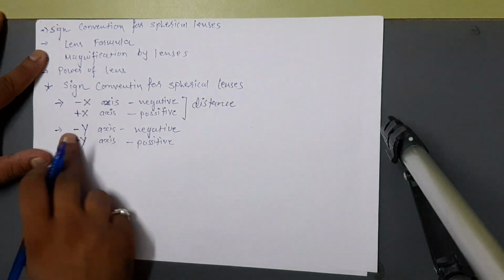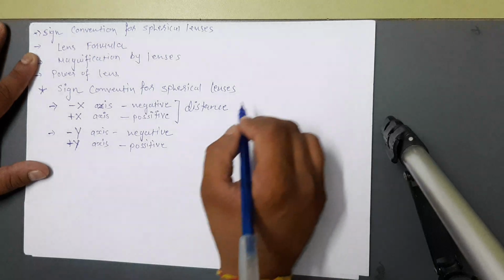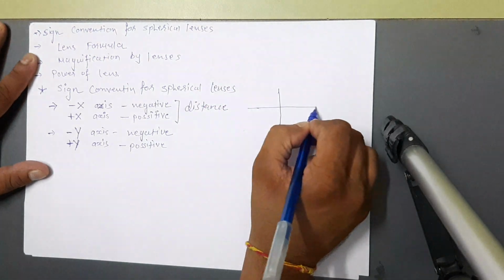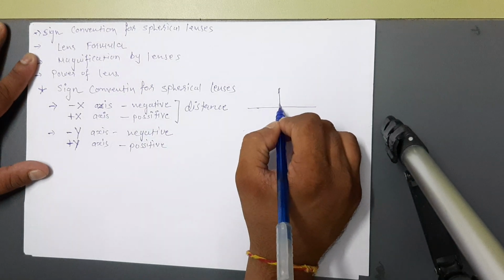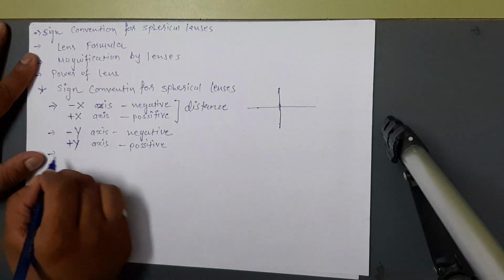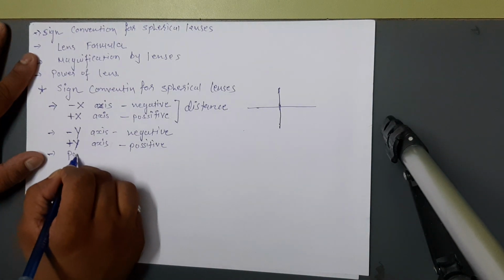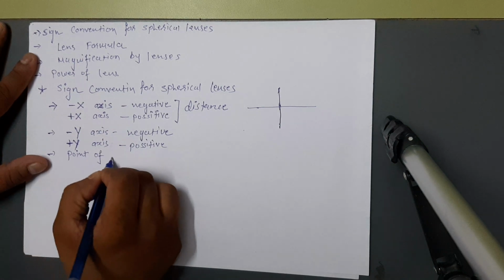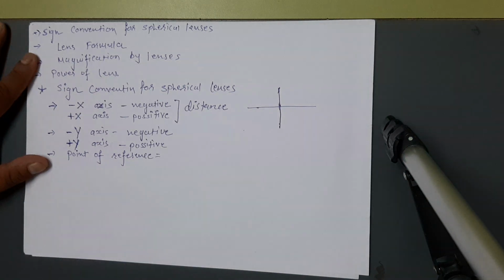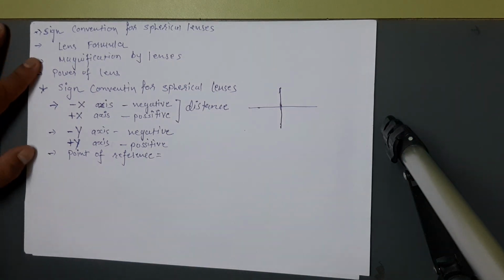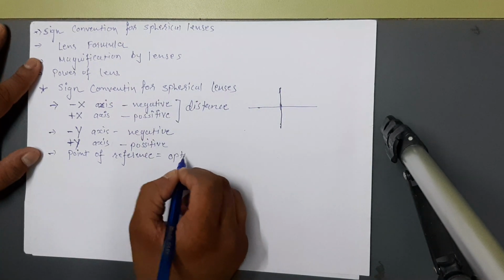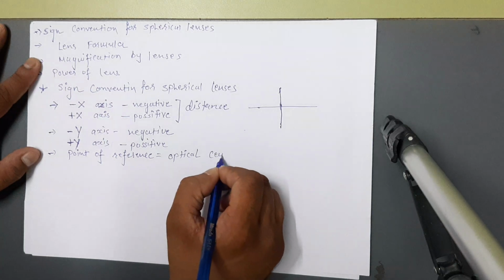We can understand it like this. All distances are measured from a point of reference. In a mirror we have the pole as the point of reference. Here the origin or point of reference is the optical center.